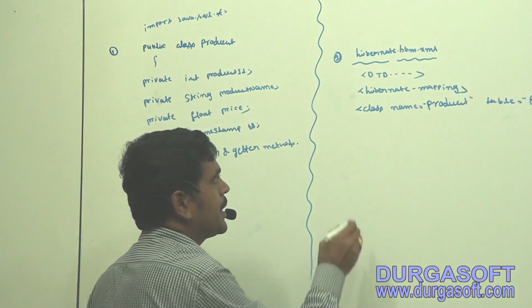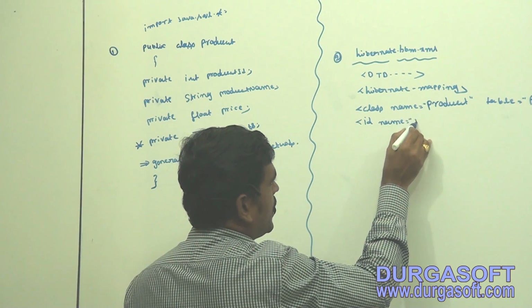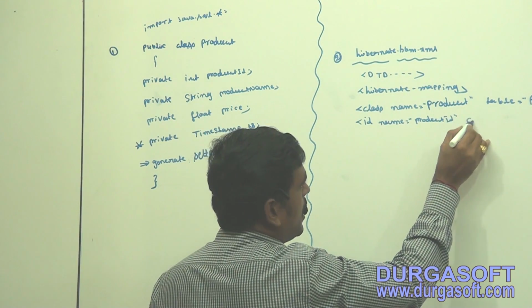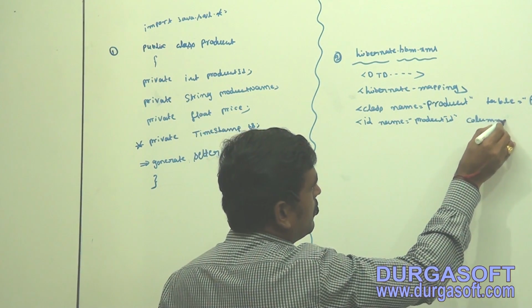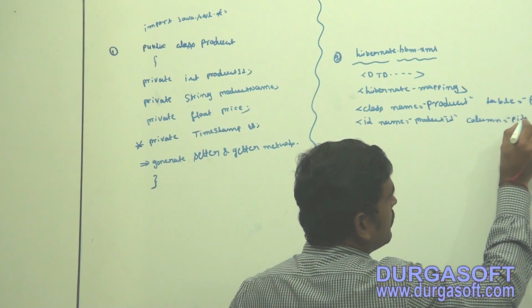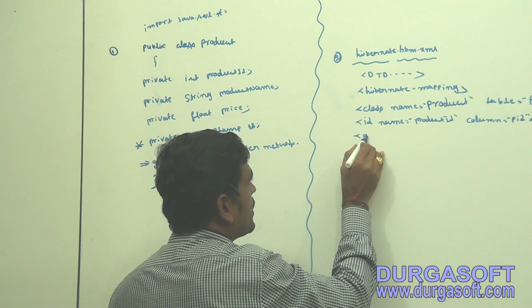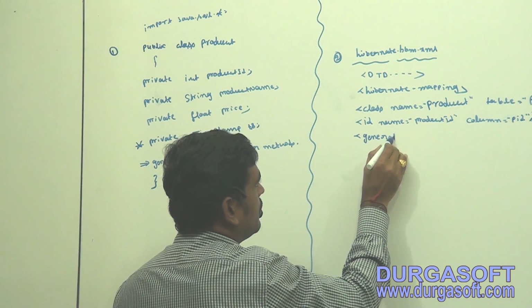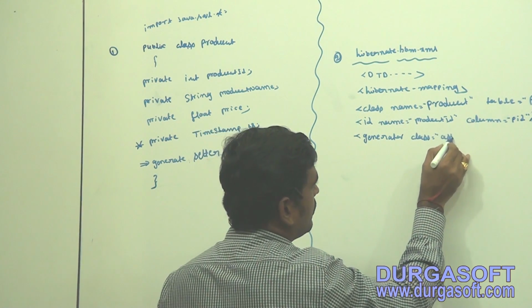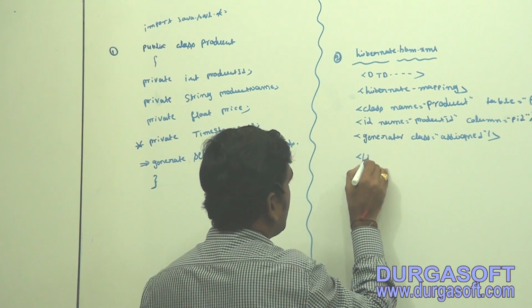The next, after that, id name is equal to productId, column is equal to PID. The next, generator class is equal to assigned. The next, close the id.